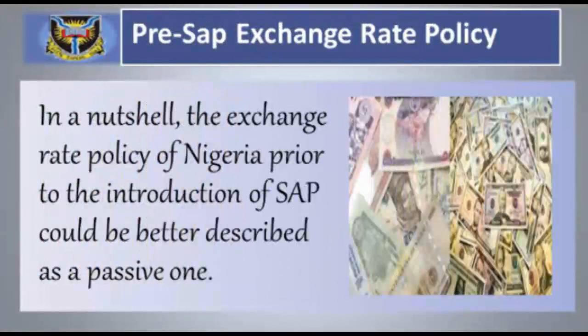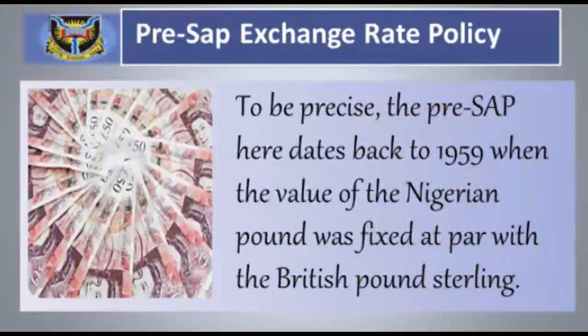Pre-SAP exchange rate policy. In a nutshell, the exchange rate policy of Nigeria prior to the introduction of SAP could be better described as a passive one. To be precise, the pre-SAP era dates back to 1959, when the value of the Nigerian pound was fixed at par with the British pound sterling.